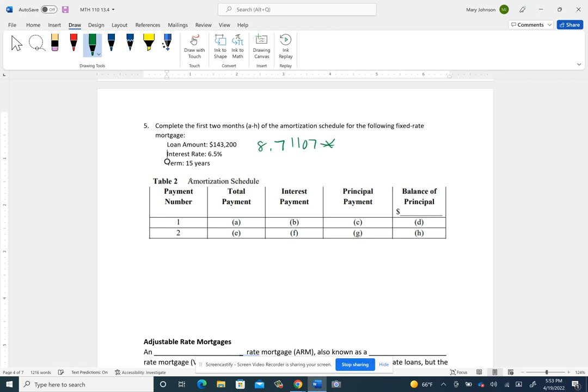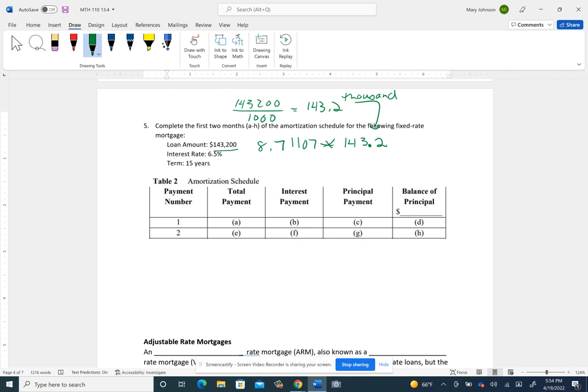All right, now here's the deal. I need to rewrite that to say how many thousands it is. So it's 143.2 thousand. If you're wondering where that came from, divide by 1,000. 143.2 thousand is what that means.